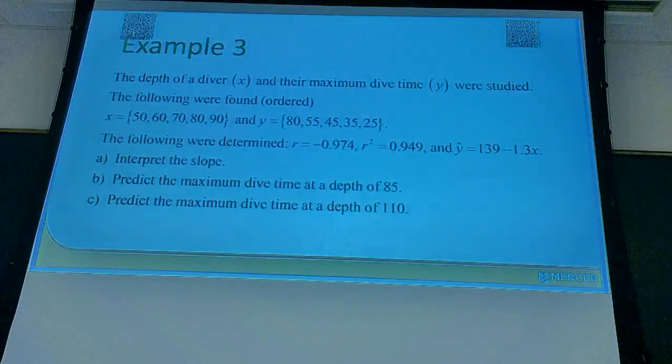Extrapolation is outside of the domain. When you're trying to make a prediction from a data point that falls outside the range, right? Is 85 in our range? What was the range of values for x?